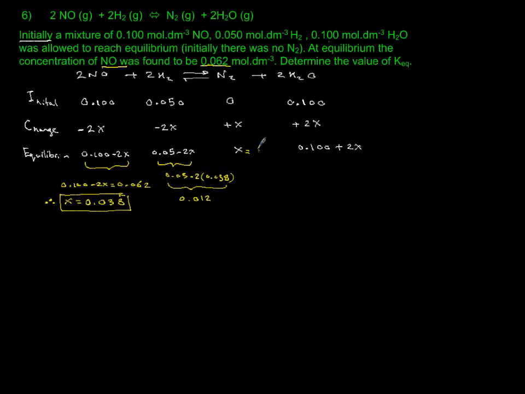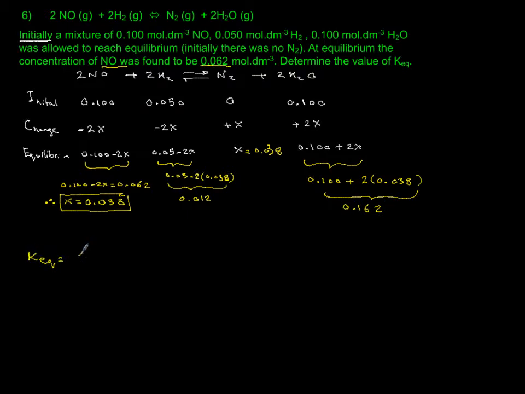X is simply 0.038, so we know the concentration of nitrogen. For H2O it's 0.10 plus twice as much, 2 times 0.038, and when you do the calculation, it's 0.162. Now we have all the equilibrium concentrations.